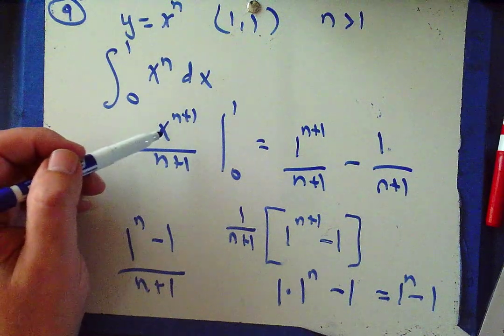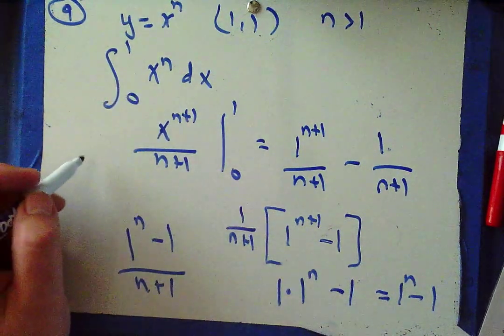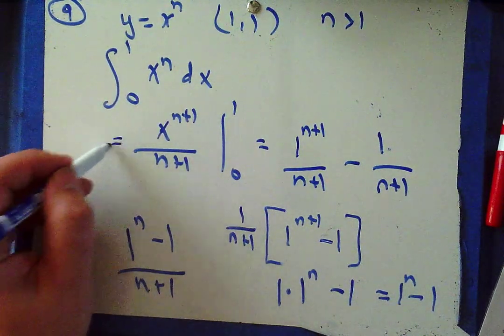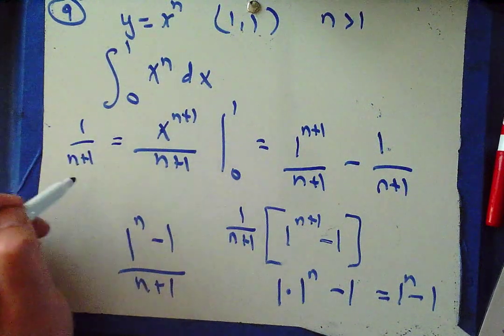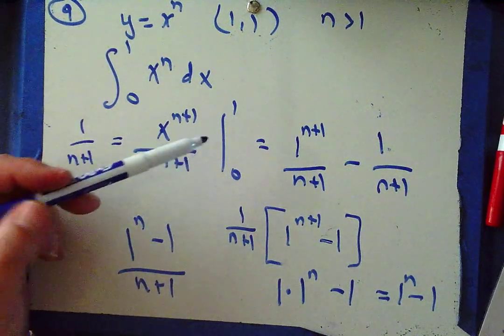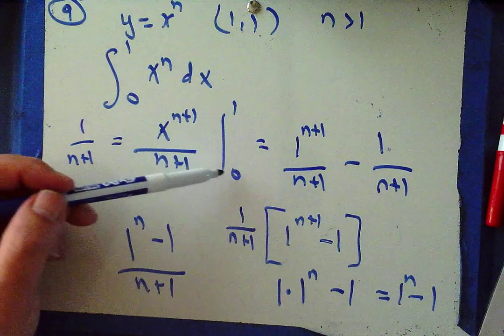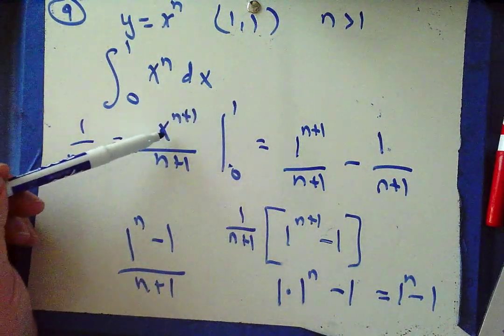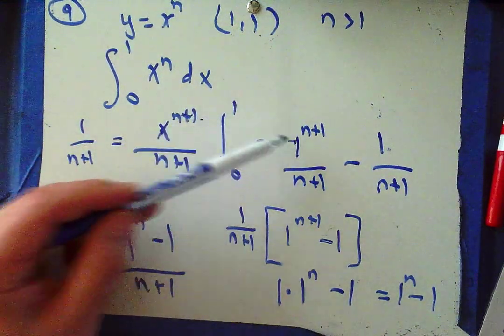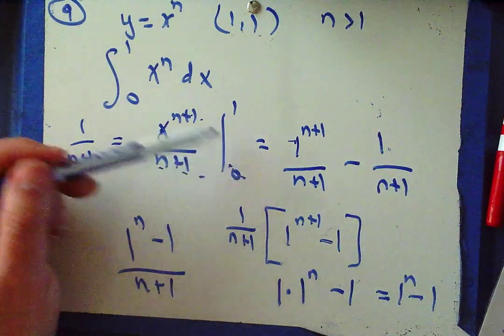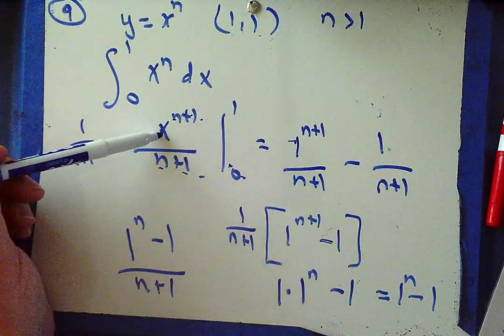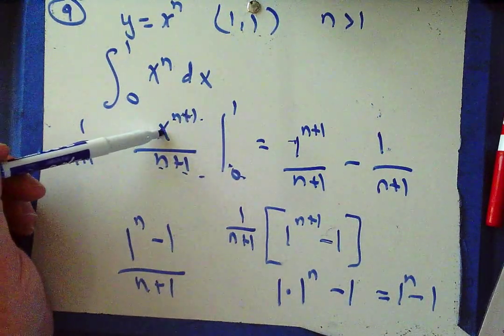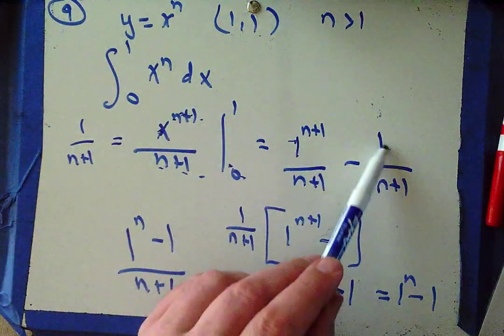I feel like I'm missing something. My notes say that this integral is equal to 1 over n plus 1. But when I evaluate from 0 to 1, 1 to the n plus 1 is this over this, and if I plug in a 0, I get 0 to the stuff, which is 1.